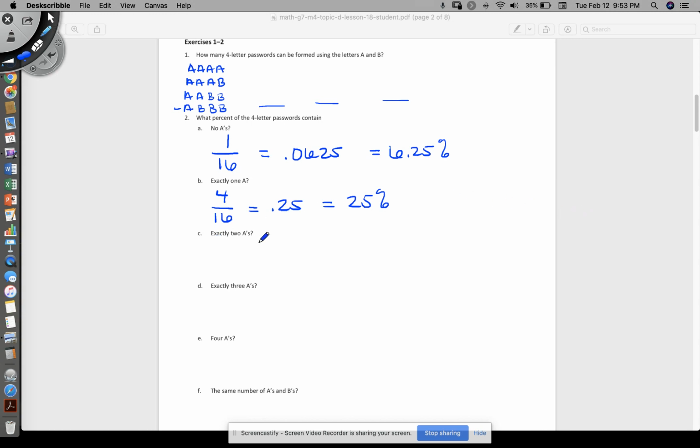What has exactly 2 A's? So which ones have exactly 2 A's? There are a total of 6 out of the 16. When you divide that, you're going to get 0.375. So as a percent, it is 37.5%. All right, you go ahead and do D, E, and F.